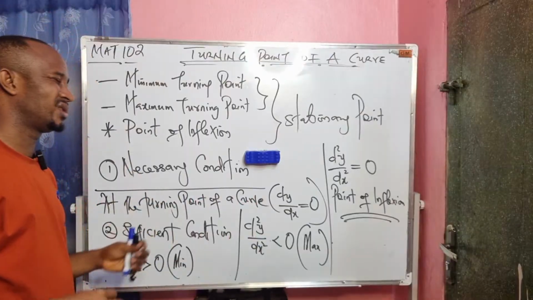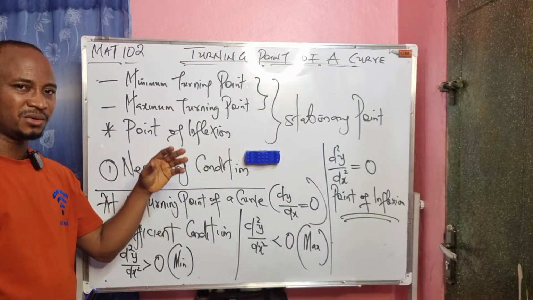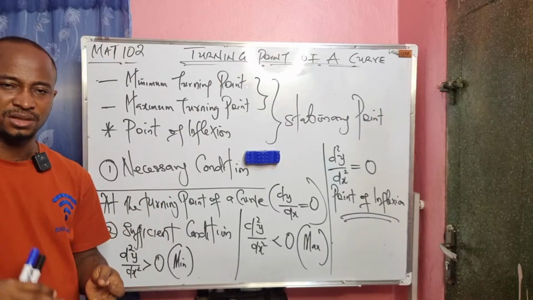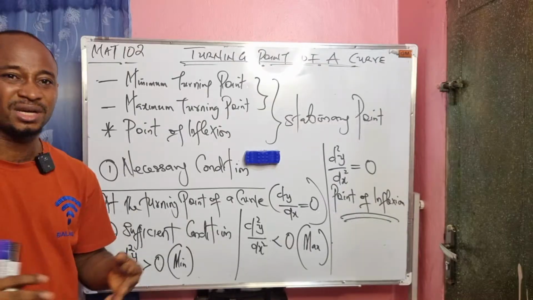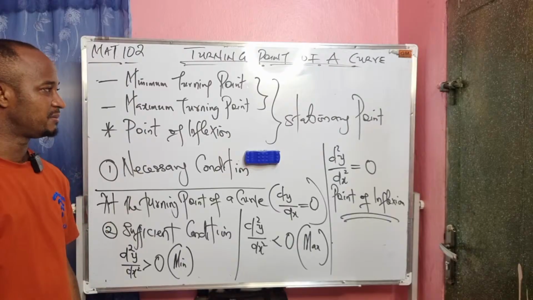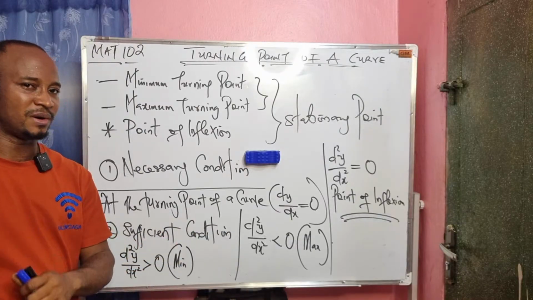No, it's also used to determine the turning point of a curve, whether a curve has a minimum or maximum turning point. It's also used to determine the stationary points, where we also include the point of inflection. It has many applications, not just finding dy/dx.